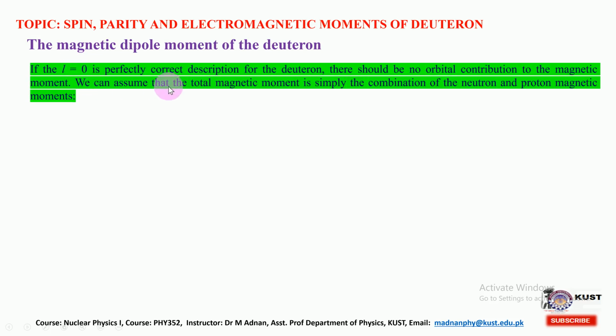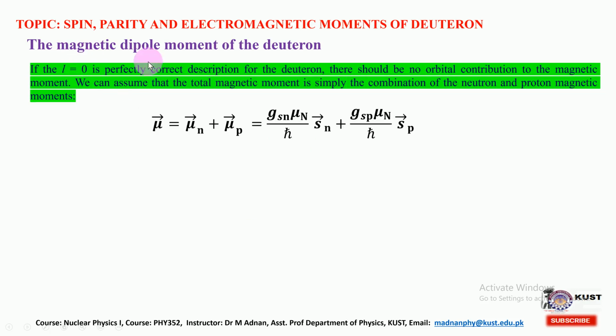So we can assume that the total magnetic moment is simply the combination of the neutron and proton magnetic moments, since the orbital angular momentum for L equal to 0 does not contribute, that is regarding the S state, and then the total angular momentum of the nucleus will be due to the spin of the proton and neutron only, with no contribution from the orbital number.